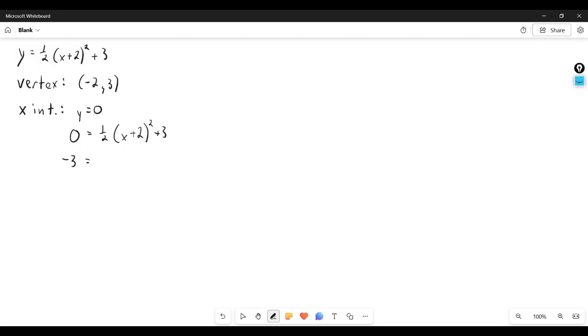We get -3 equals 1/2 (x plus 2) squared. Then we multiply by 2 to get rid of the half. So we get -6. 2 times the half is just 1, so that's what makes it go away. And we reach the point where -6 equals (x plus 2) squared. Now when you try to take the square root of that, your calculator will complain.